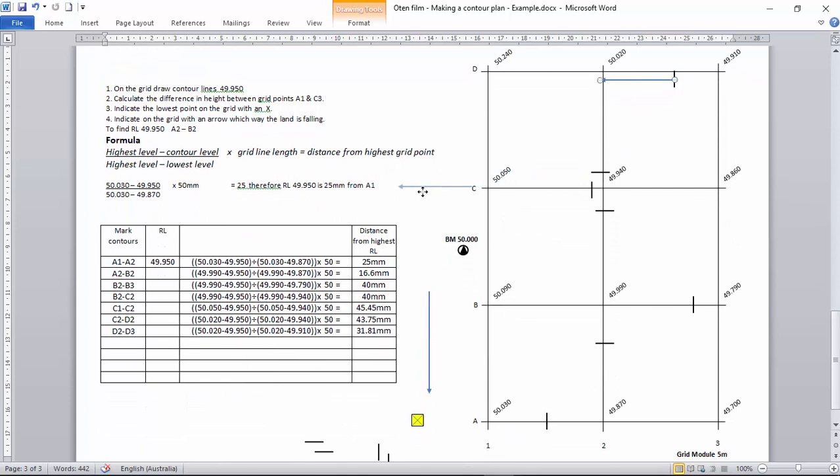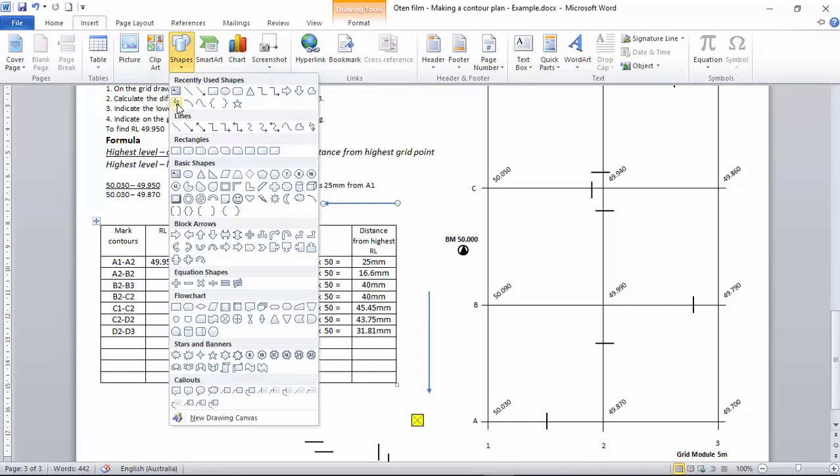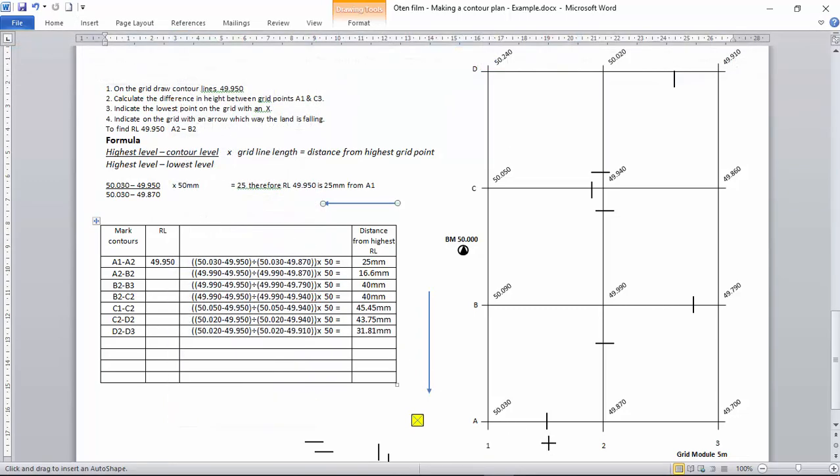So then what I do, I've put all my points of intersection and they're all at 49.95. Then I go up to insert, left click, go to shapes, click squiggly line, scribble, left click it, and I'm going to actually draw along that line.